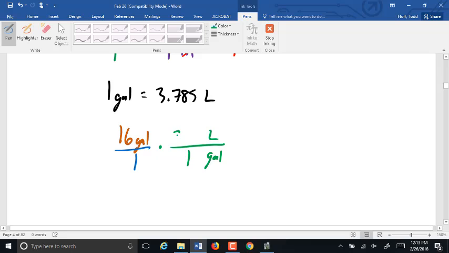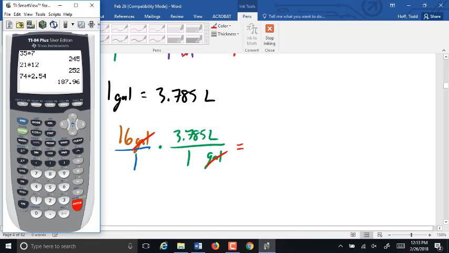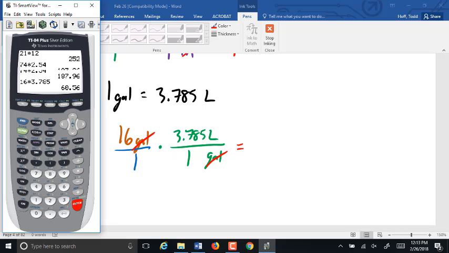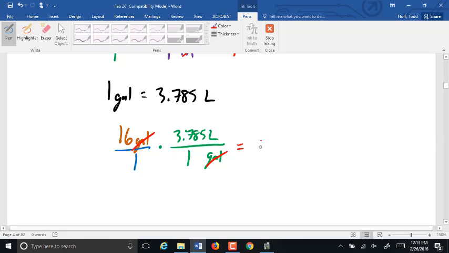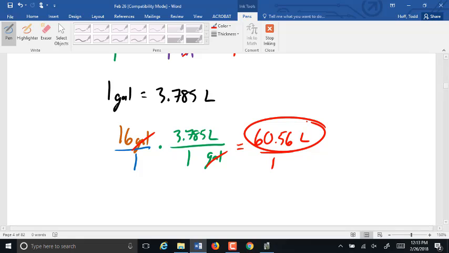And again, 1 gallon, 3.785. Gallons cancel out. We have 16 times 3.785. So we get 60.56 liters over 1. So your 16-gallon gas tank is going to hold 60.56 liters.